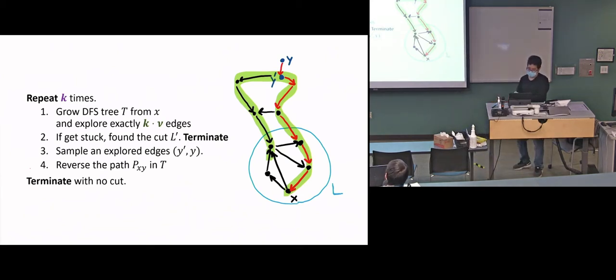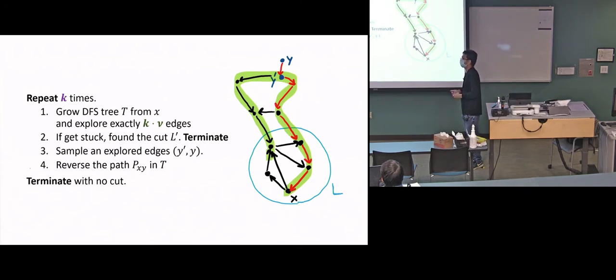Then you will run another algorithm to find the cut. No, once we get stuck, you just look at all the nodes that you have explored. That is a cut. That is some set. Then you return that set.